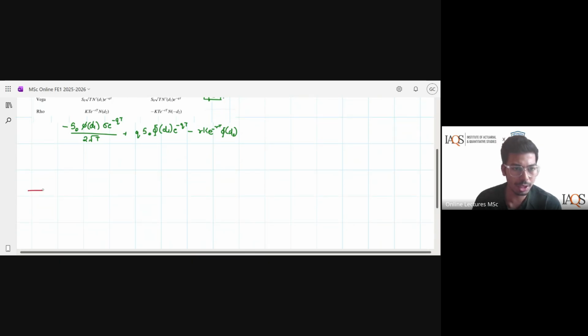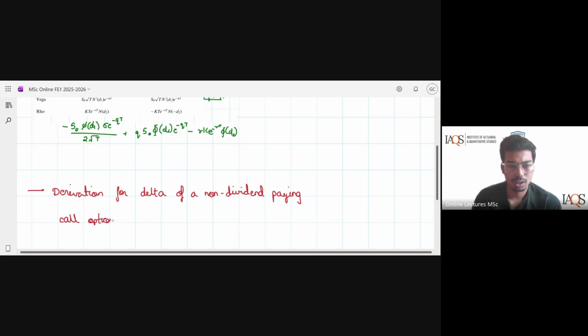So let's derive the Greek delta of a non-dividend paying call option. Let's derive the equation for delta for a non-dividend paying call option.